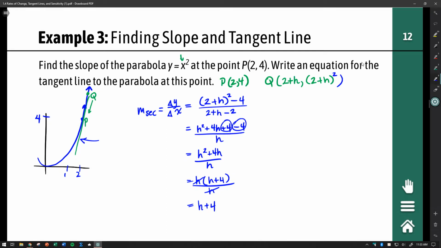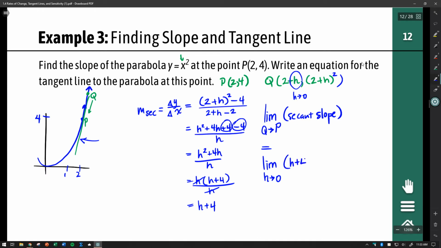So what we want to do then is figure out what happens to the secant slope as the point Q approaches the point P. So as Q approaches P, the space between those 2 points is actually approaching 0, right? Because we want to bring Q toward P. So this limit is equal to the limit as h approaches 0, and we calculated the secant slope here on the left as h plus 4.